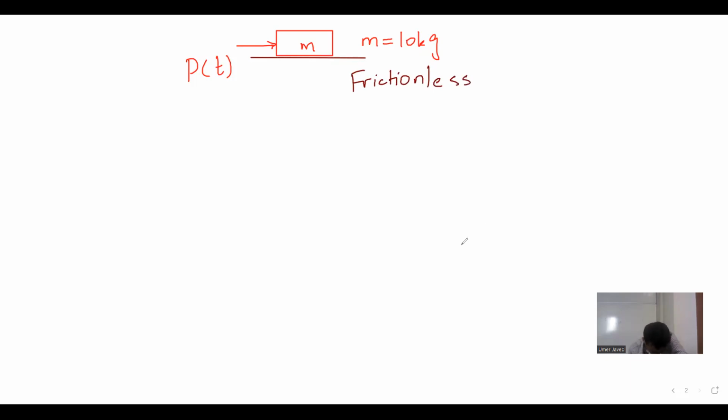The question says that I have a graph shown to me. I will go at supersonic speeds now. This is P in newtons. This is 100 Newton. This is 20 Newton.